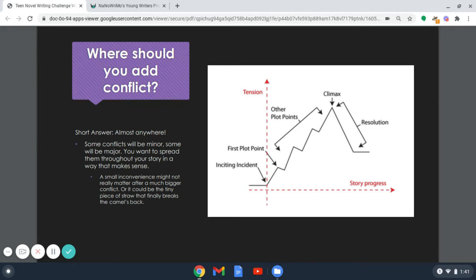So maybe your character is just overburdened. They're dealing with so much. There's so much tension on their shoulders. And then that tiny little inconvenience that before would have been nothing is the thing that blows everything apart. They lose it. They start yelling at everyone. It depends on how you work it in. And there are a lot of ways to do it. It can make it really interesting.